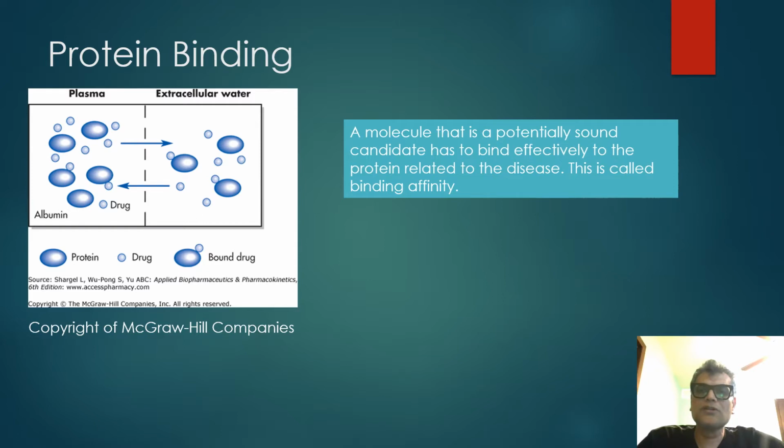So a candidate molecule should effectively bind to the related disease protein. Now, this is called binding affinity. We will be looking at some more use cases, especially some of the newer algorithms in AI that are being experimented with from a drug discovery perspective. So I thought it might be a good idea to recap what we discussed with regard to protein binding.